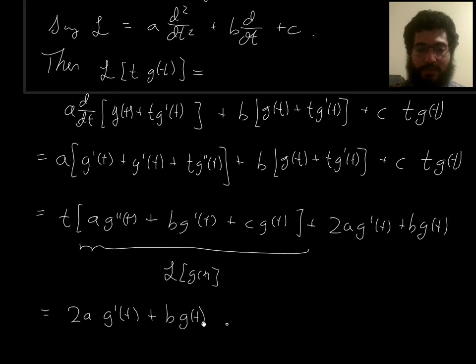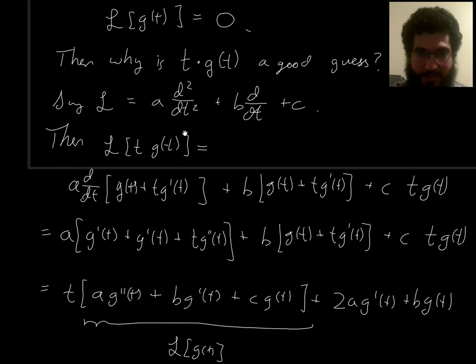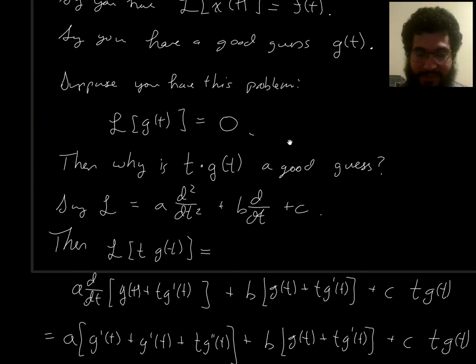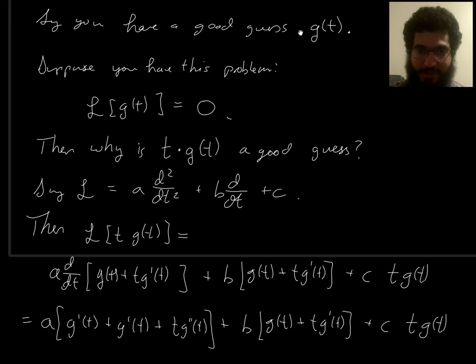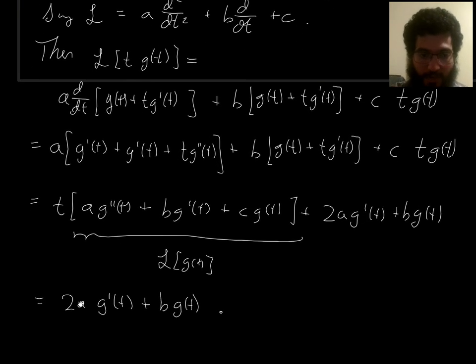But assuming you're not so unlucky that this is also 0, then this is really good because you have found that when you apply L to this thing, so g was your original good guess, right? When you apply L to this thing, you get a linear combination of g and the derivative of g. That's exactly the kind of thing you want when you're using the method of undetermined coefficients.